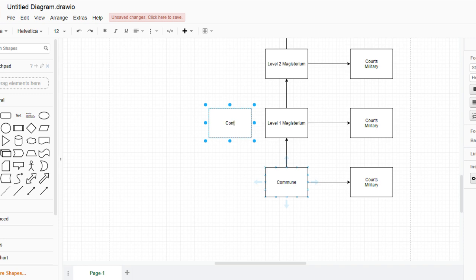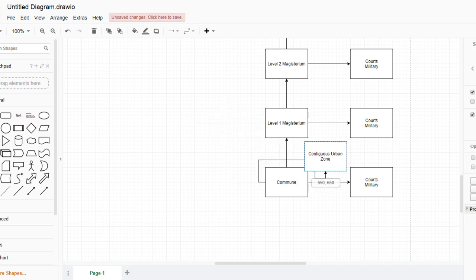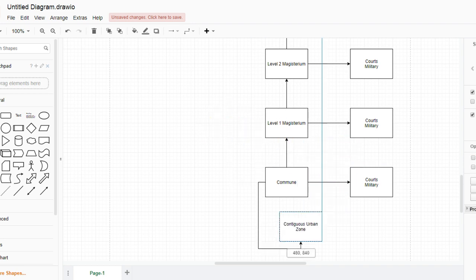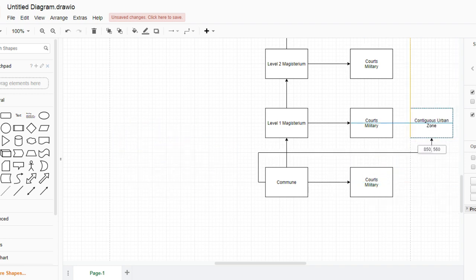Contiguous urban zone. A contiguous urban zone has its own additional. Actually, I don't know exactly where to put this now. Let me put it here, and let me delete that there.